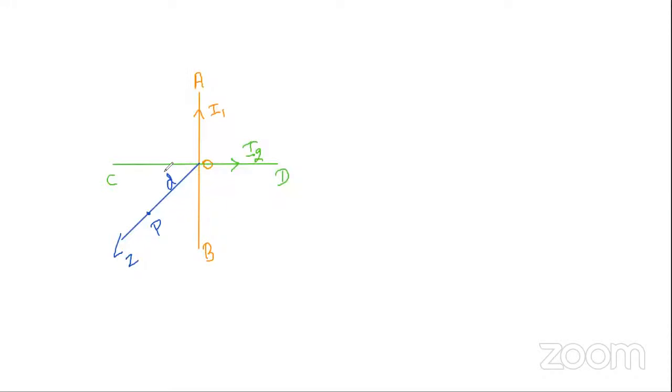According to the point P, you have the magnetic fields produced by wire AOB and COD, and those magnetic fields will be at right angles to each other at the point P. Magnetic field due to this wire AOB, and the magnetic field due to the wire COD. So both these magnetic fields are at right angles to each other. So the net field is given by, for that I will make the diagram here.